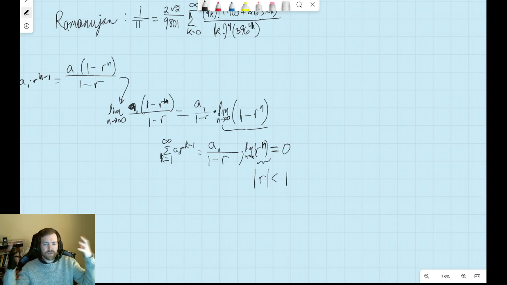So r has to be between -1 and 1, not inclusive, mathematically. But you watch that Numberphile video, they'll use this formula and let r be equal to some other number, like 1.6 or 2 or something ridiculous like that. And it's like, yeah, no, that doesn't work that way.